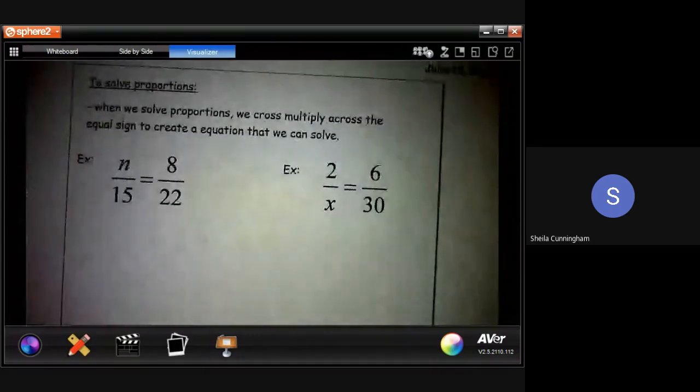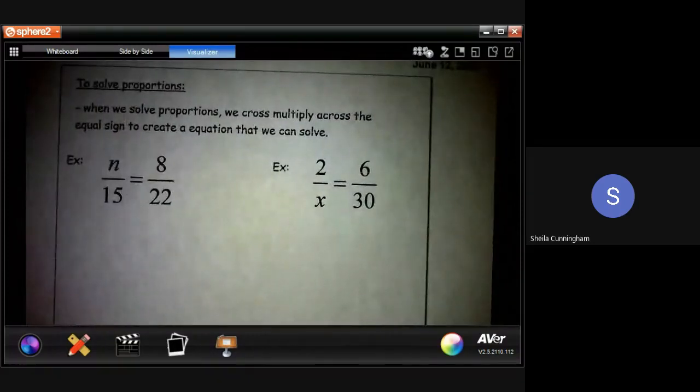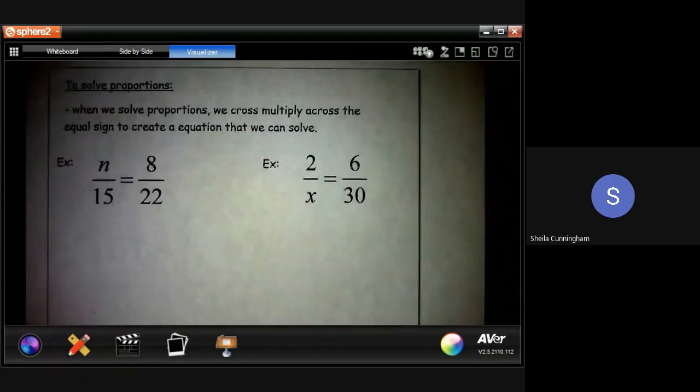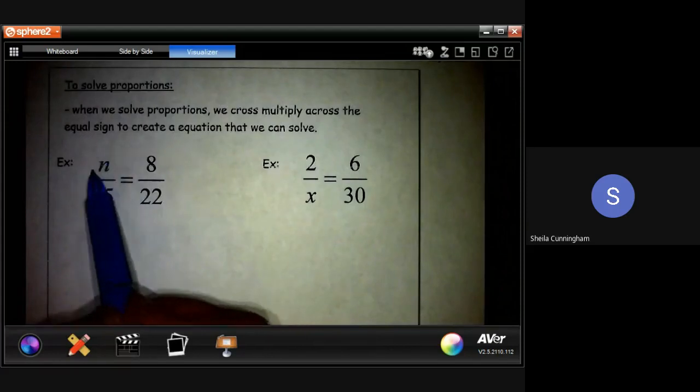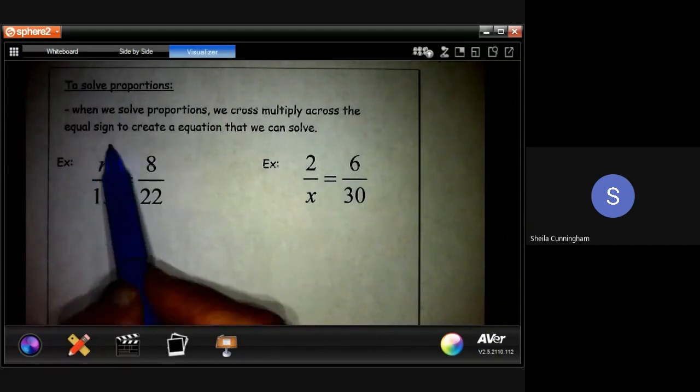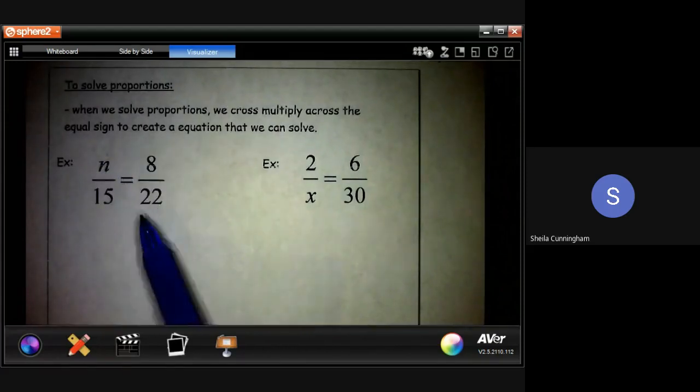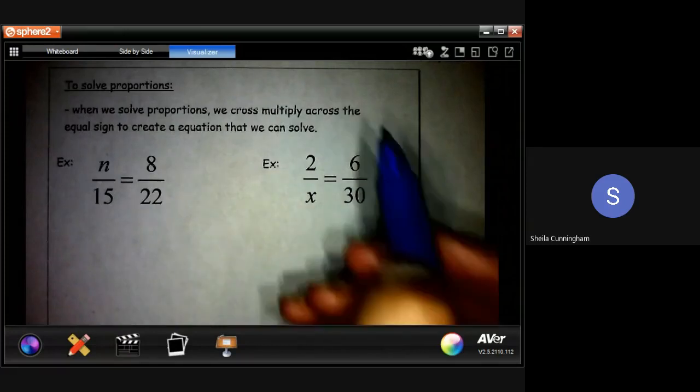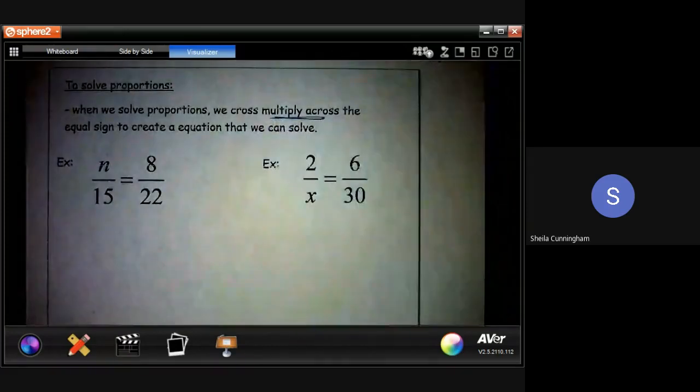Sometimes we need to solve a proportion because we might not have both fractions set up with numbers. We might be missing the numerator or the denominator, but essentially we want to know what value we could put in here to create two equivalent ratios. To do that, we do something called multiplying across.